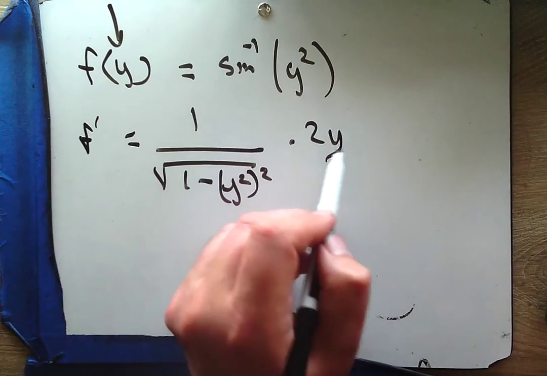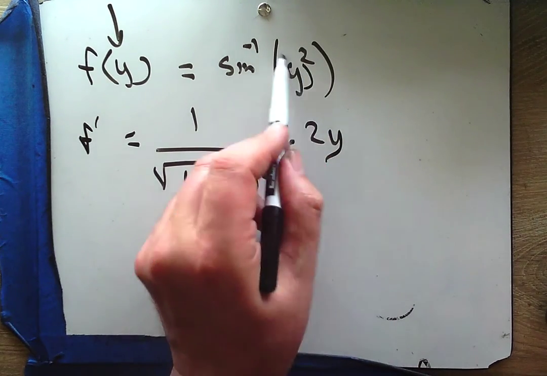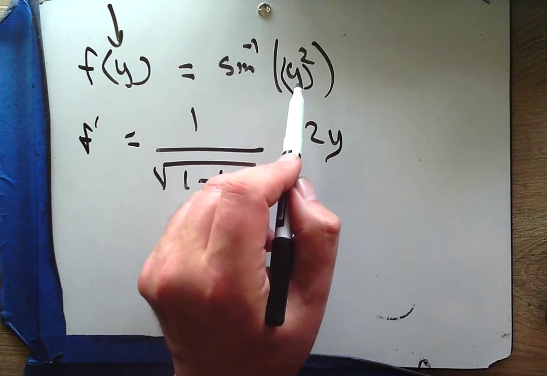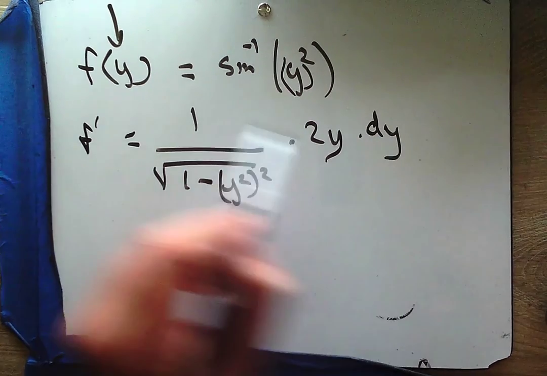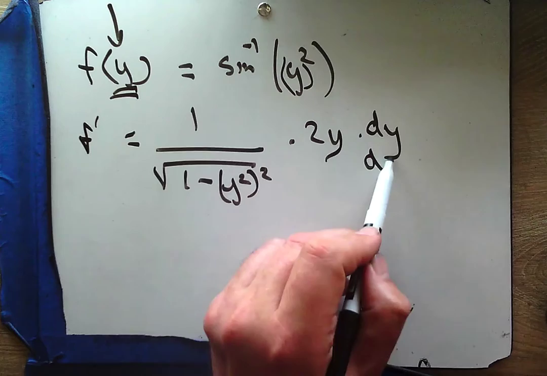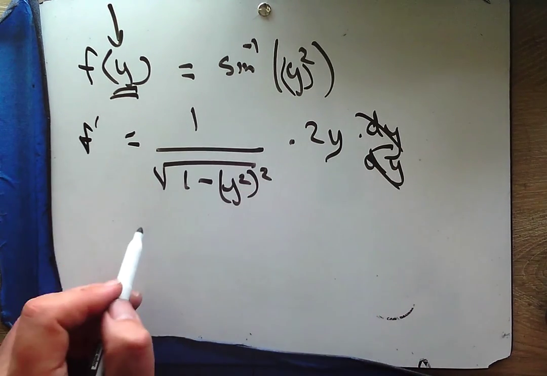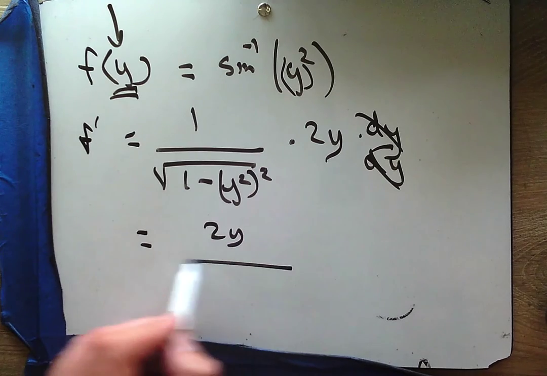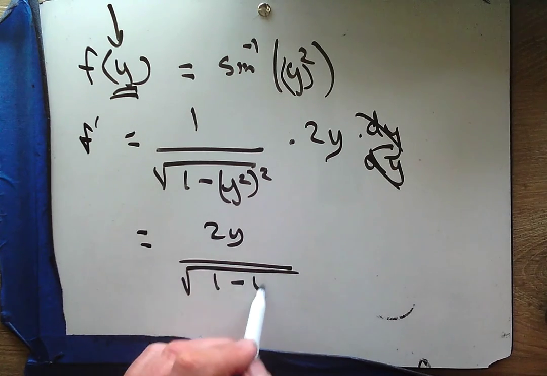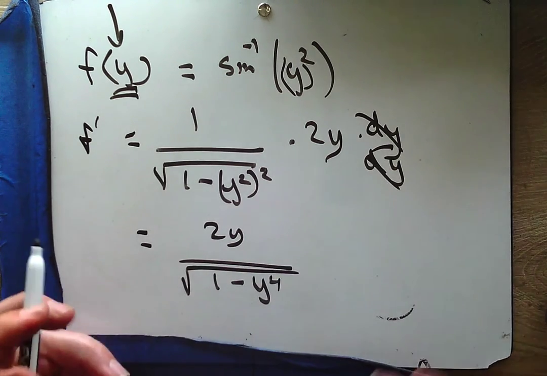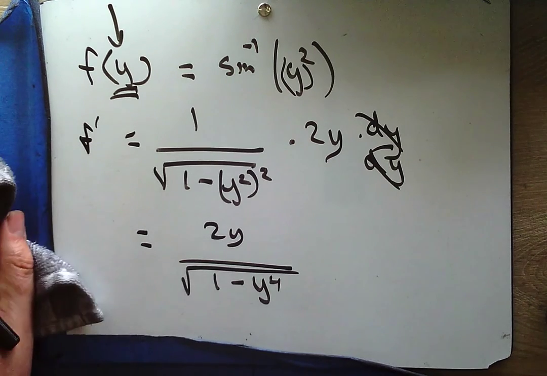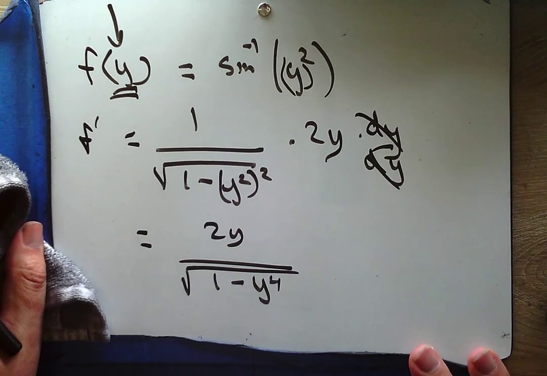And what I was saying before is if you thought about this as the power rule and took the derivative of y with respect to y, look, there's no dy dx there. So I'm going to end up with 2y over square root 1 minus y to the fourth. All right. That was 46, so 47.